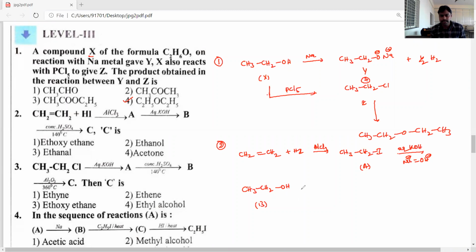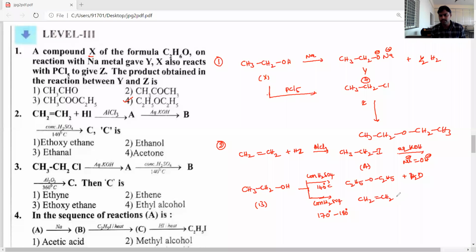If the ethyl alcohol is treated with concentrated H2SO4 at the lower temperature of 140 degrees centigrade, it produces diethyl ether, C2H5-O-C2H5. Two moles of ethyl alcohol react with concentrated H2SO4 at 140 degrees to produce diethyl ether and water. If the same concentrated H2SO4 reacts at 170 to 180 degrees centigrade, it produces ethene.